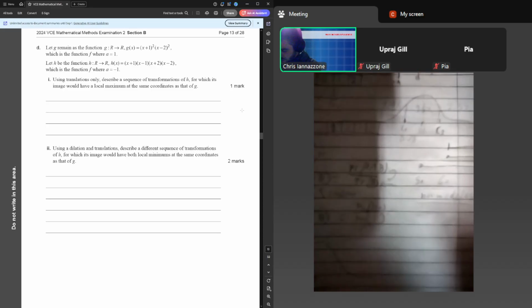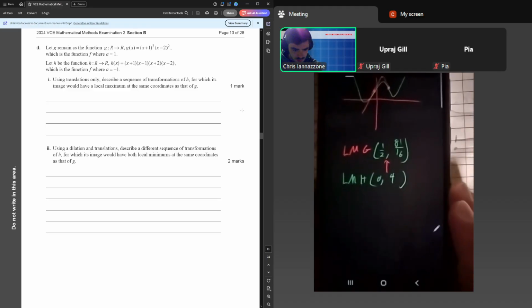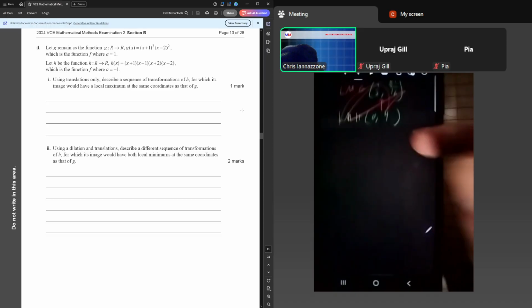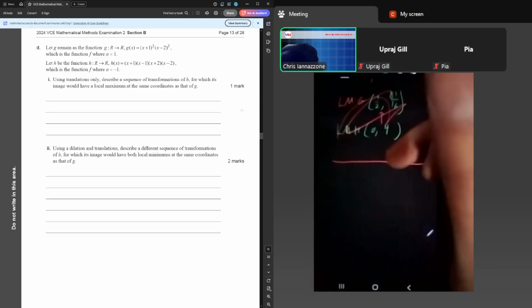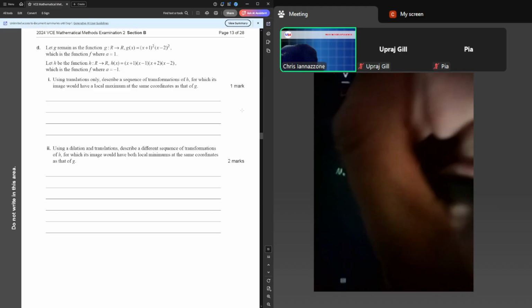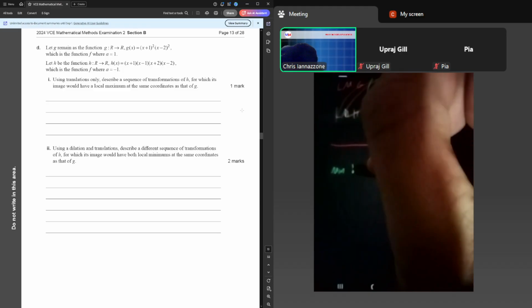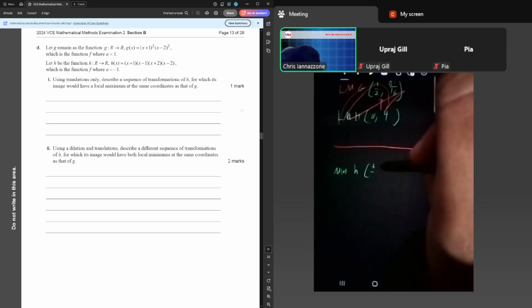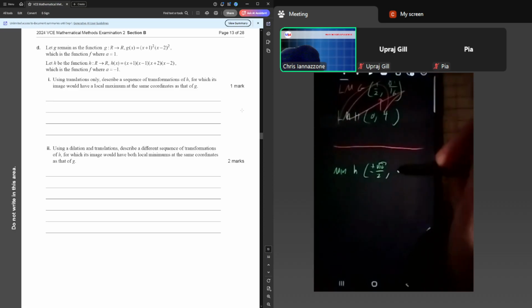So we have a new thing. Ignore this. Got two mins for h. Those are going to be plus minus root 10 on 2, comma, minus 9 on 4.